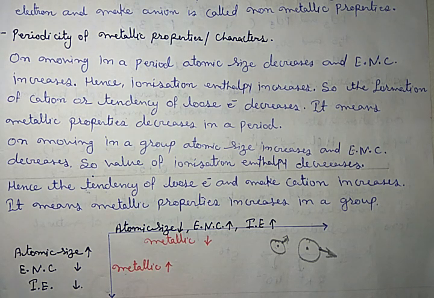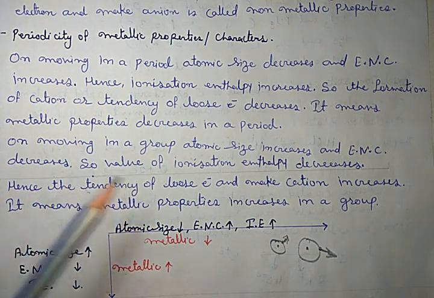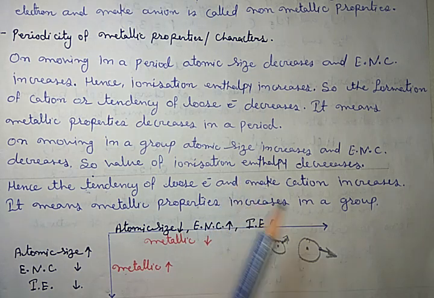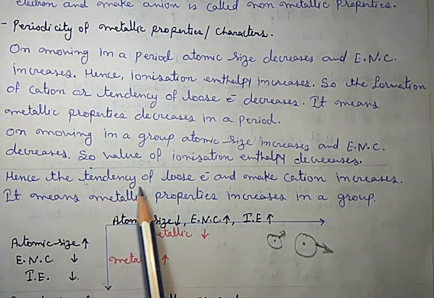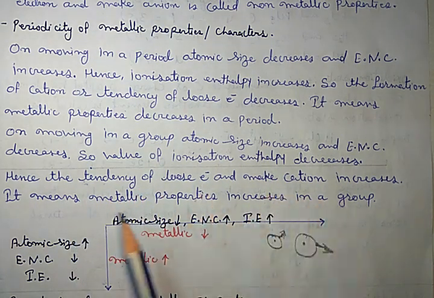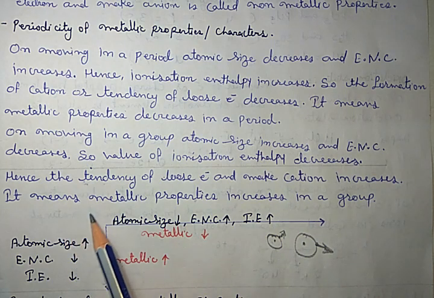If we consider the group, on moving in a group, atomic size increases and effective nuclear charge decreases. So the value of ionization enthalpy decreases. Hence, the tendency to lose electrons and make cations increases. It means metallic properties increase in a group.